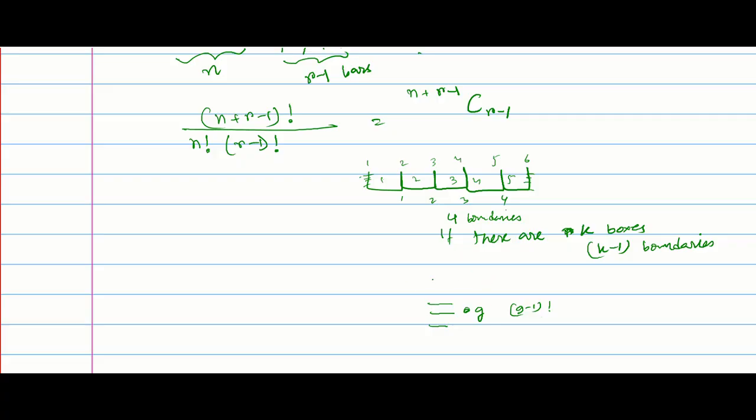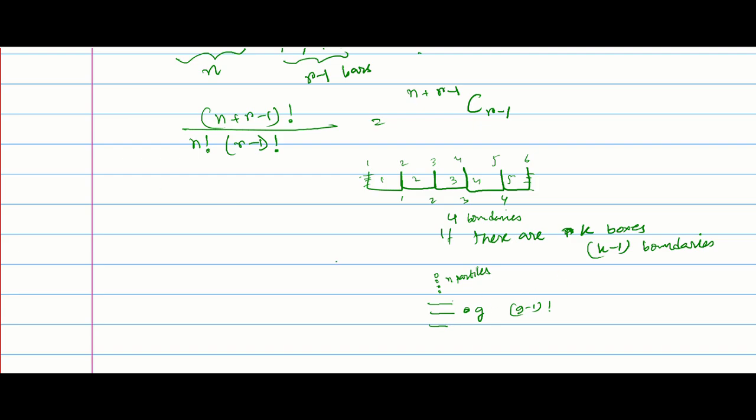Just accept the fact, everything will make sense. And if there are n particles, we want to put n particles in g number of boxes. Let's consider these energy levels as boxes, so g minus 1 boundaries.